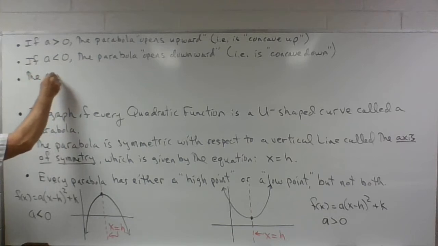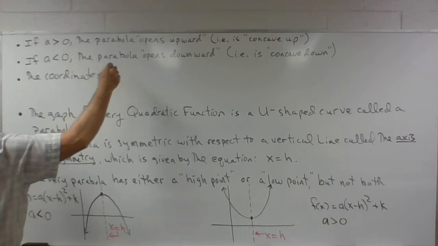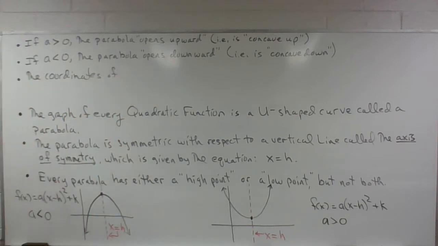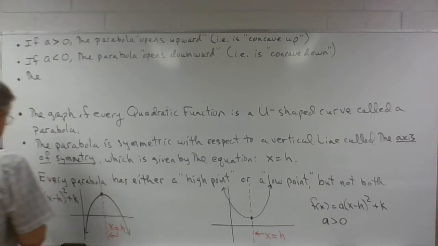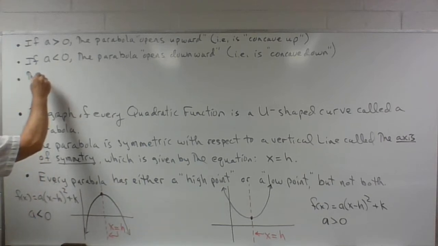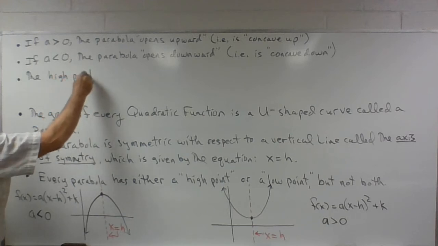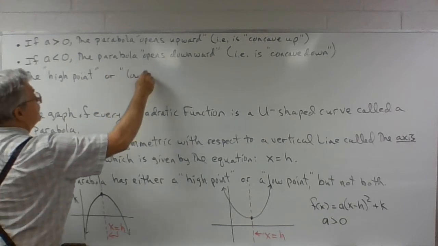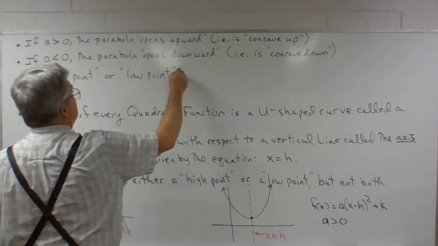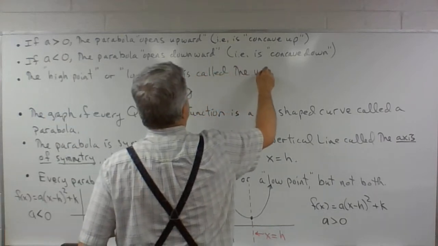I guess I'll do it right now. The coordinates of the high point, oh, I know. I'll do it this way. The high point or low point is called the vertex.